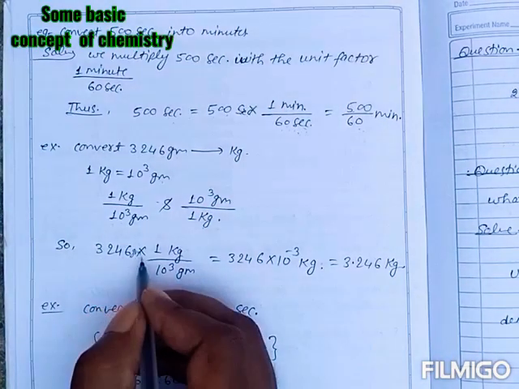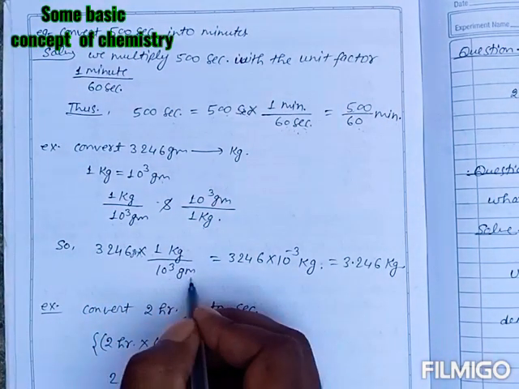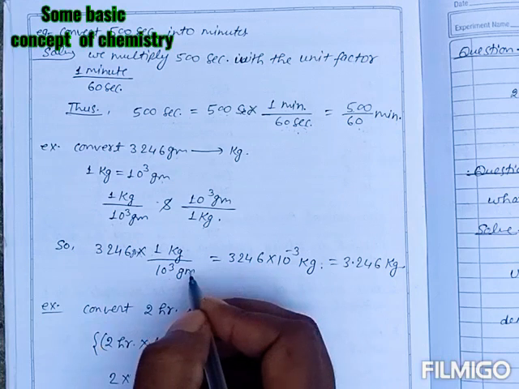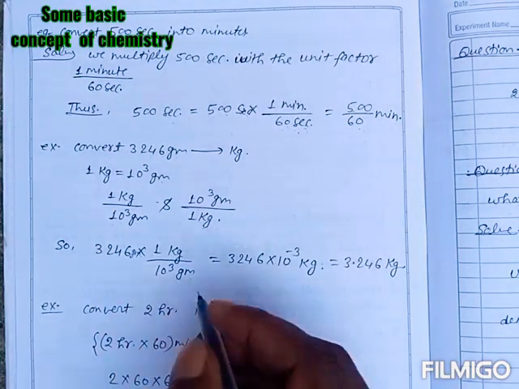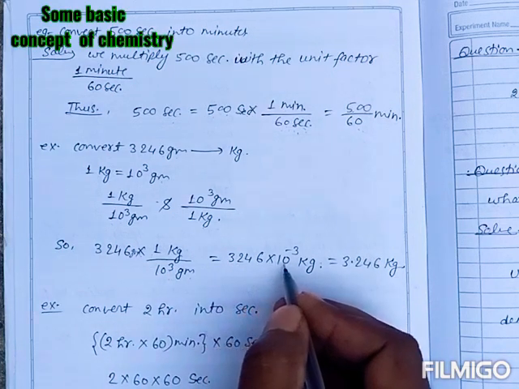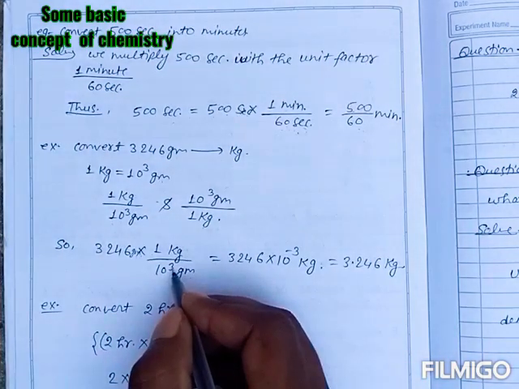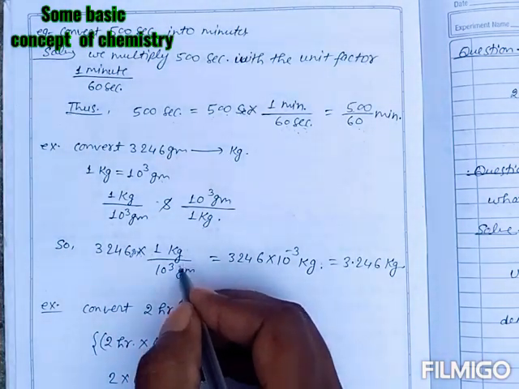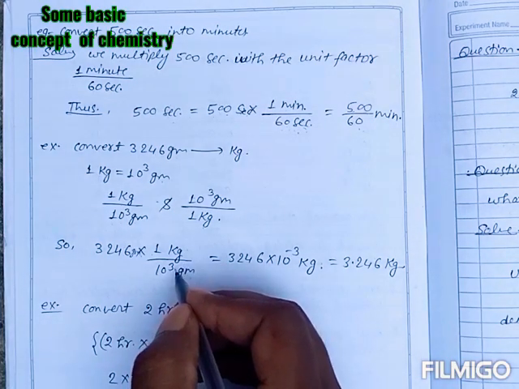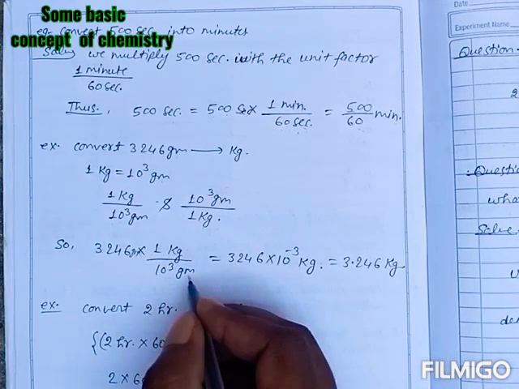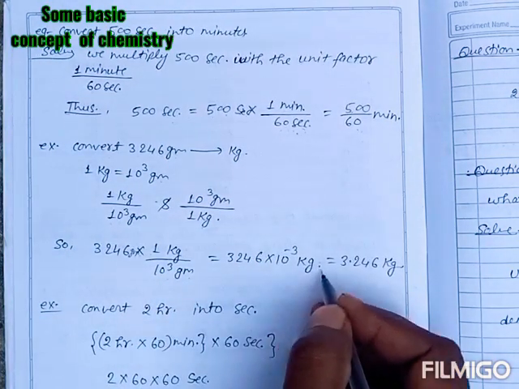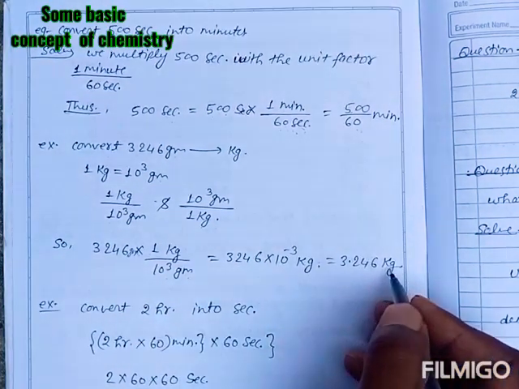So 3246 into 1 kg divided by 10 power 3 gram. So what will be the answer? The answer will be 3246 into 10 power 3. When it goes upward, the sign is reversed, that is 10 power minus 3, and the unit will be changed to kg, that is 3.246 kg.